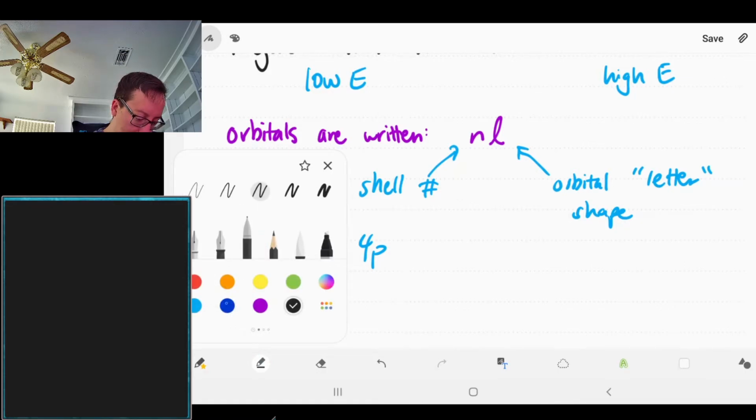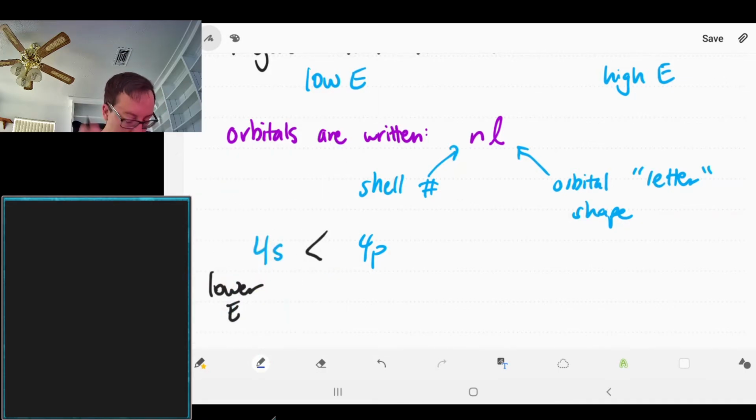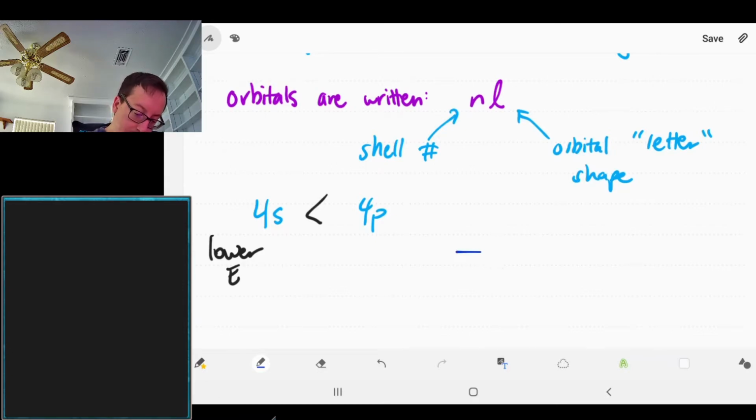If we want to compare, say, these two, we can do that as well. If we want to identify which one is higher energy, well, we'd want to compare. We'd say, okay, we've got 4d and 2s.